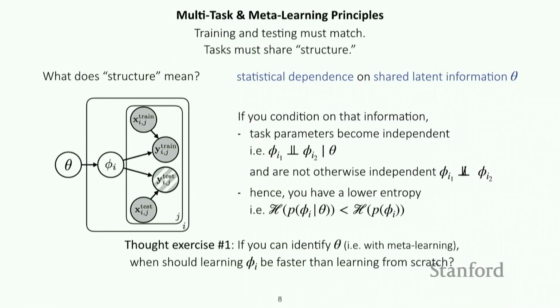One additional point that's worth mentioning is that if a single data point carries all of the information of theta, like maybe your tasks correspond to all possible image classification tasks sampled at random, and the fact that you see a single data point, like an image, that doesn't really tell you that much, because the shared information also exists in a single data point, which is that it is an image classification task.